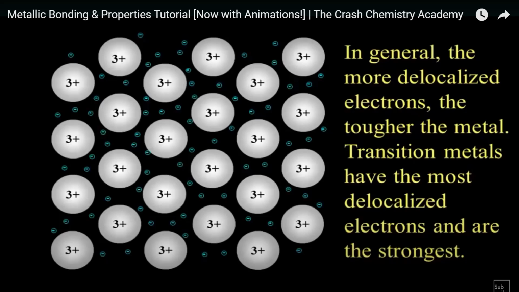How many valence electrons does sodium have? Just one. So sodium is only giving up one of its electrons to the sea of electrons, but aluminum gives up 3 electrons. So aluminum is much harder.